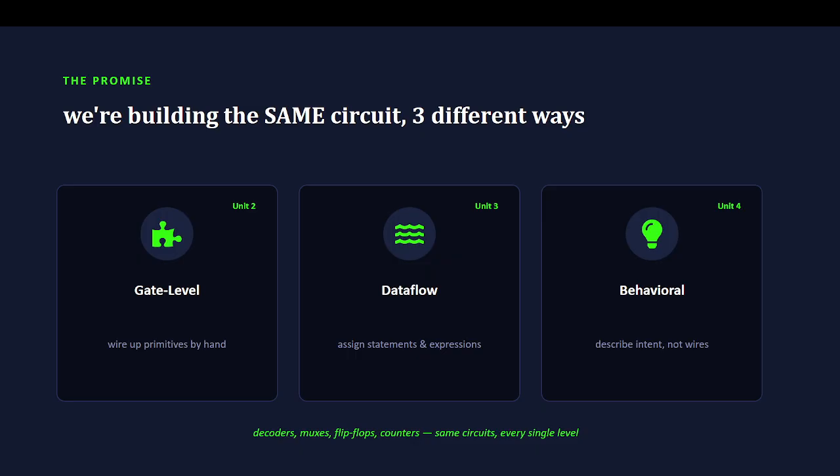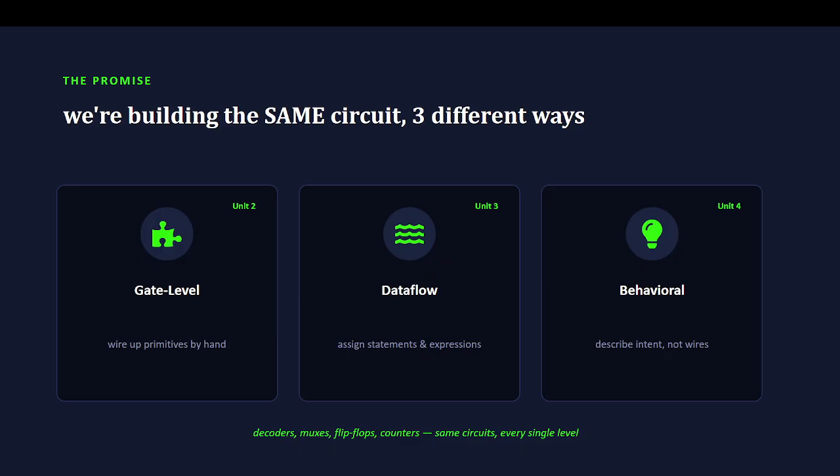So in Unit 2, you will build a mux out of raw gate primitives, wiring it like a breadboard. In Unit 3, you will build the same mux using one continuous assign statement like an Ohm's law relationship. In Unit 4, you will build the same mux again using an always block describing pure behavior, like reading a data sheet. Same function, same truth table, three totally different looking pieces of code.